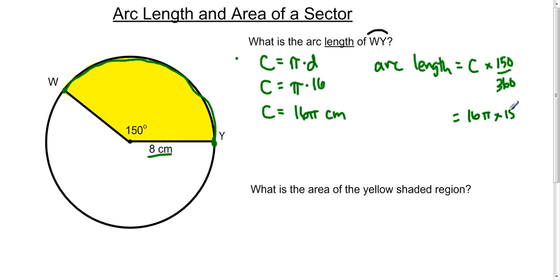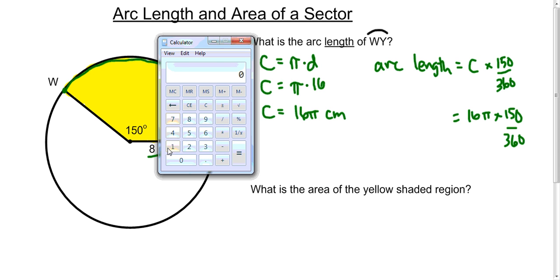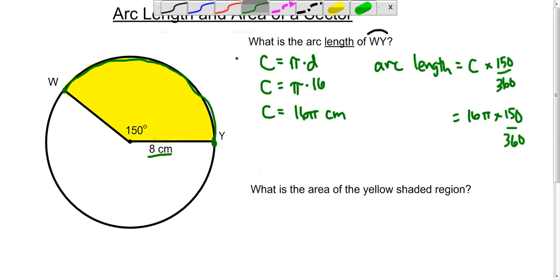times 150 over 360. So let me break out my calculator here and get this out of the way. We're going to do 16 times 150 divided by 360. And I get 6.6 repeating pi.